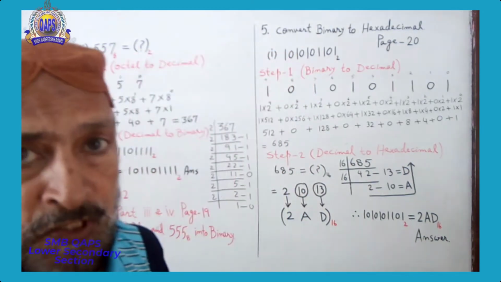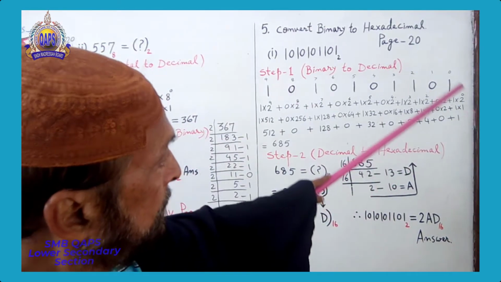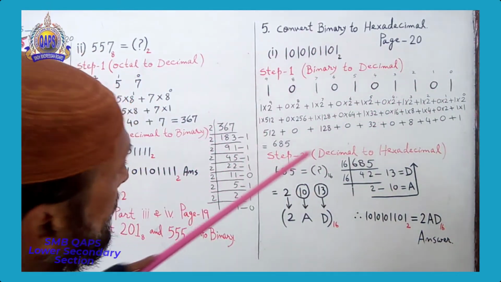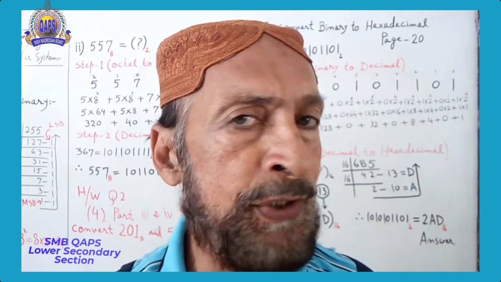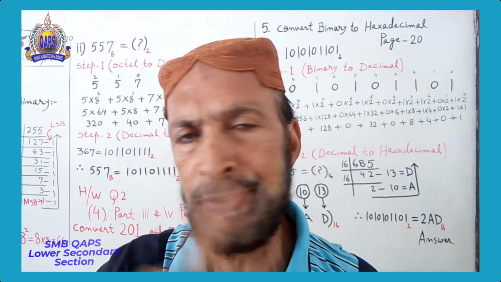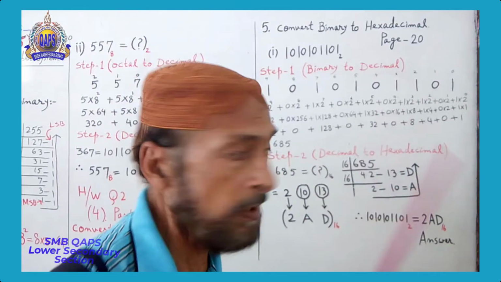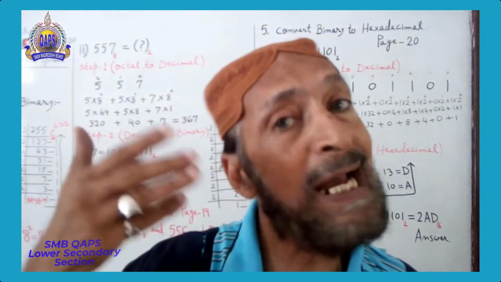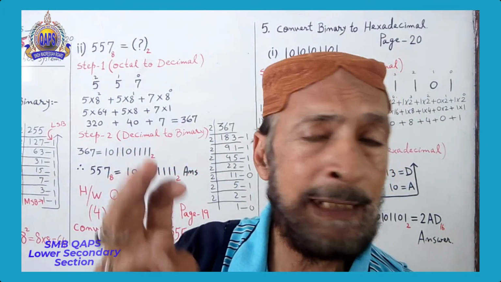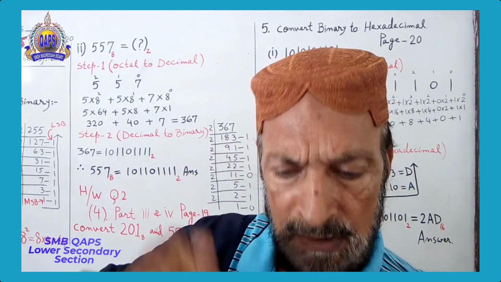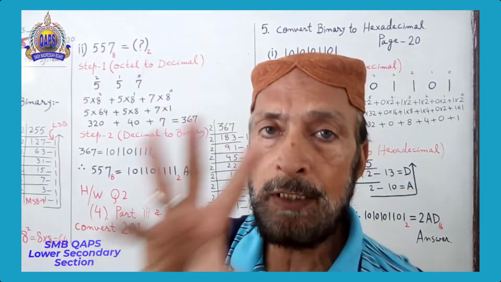So this thing, see this thing, this is self-explanatory. I don't need to explain it because I have already explained in my lecture number 3 and lecture number 4. This is my lecture 5.